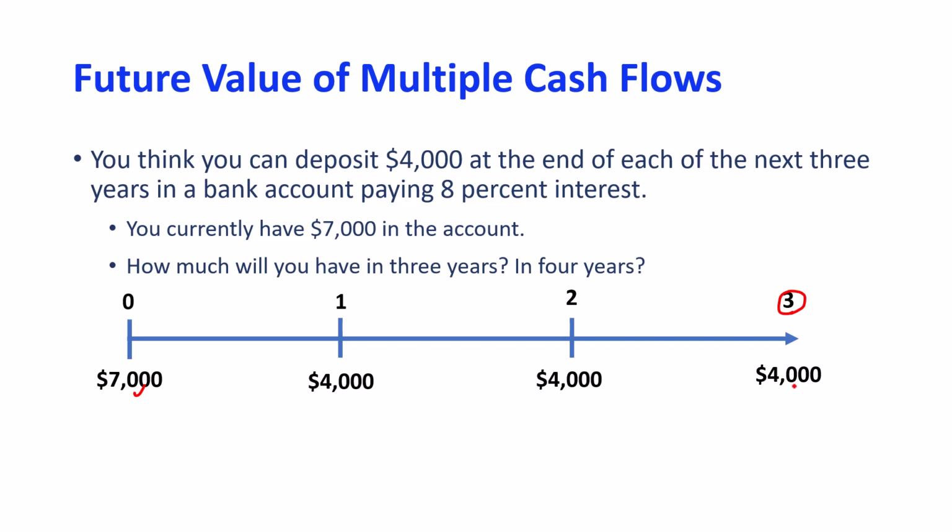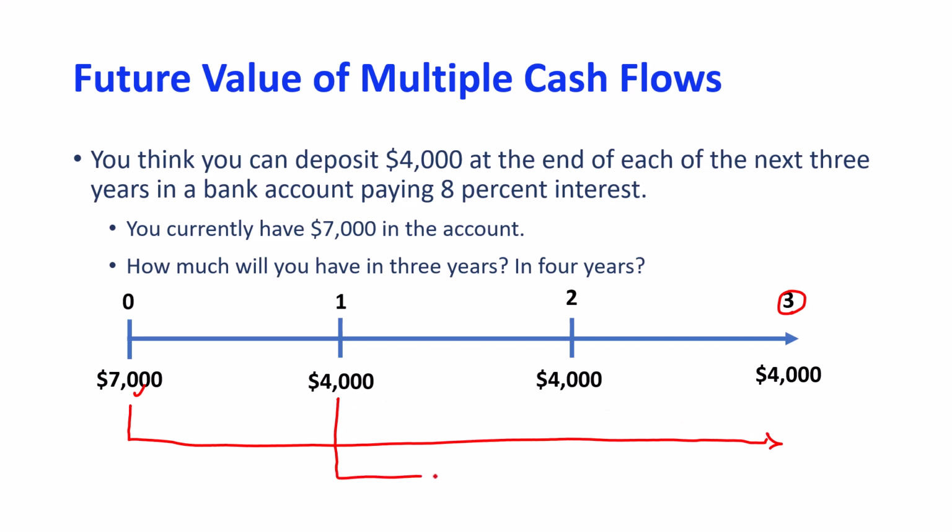So you don't need a special skill for this one. As I mentioned in the previous chapter, when you learn time value of money, you can apply the same principles in any other situation. So in this case, when you want to find out the future value of this account, you need to find the future value of the first $7,000, the future value of the $4,000 you receive at the end of year 1, and then the future value of the $4,000 you receive in year 2.